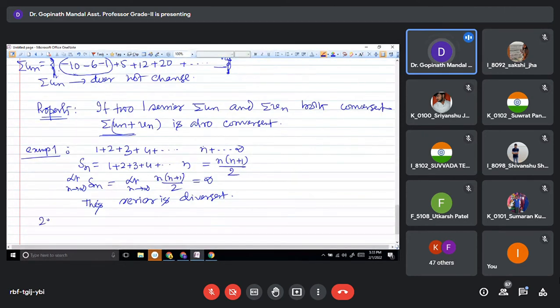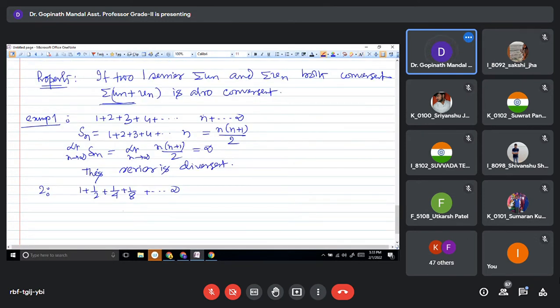Second example, example 2. Test the convergence of the series 1/2, 1/4, 1/8, up to infinity. So Sn is equal to 1/2 plus this term up to this.